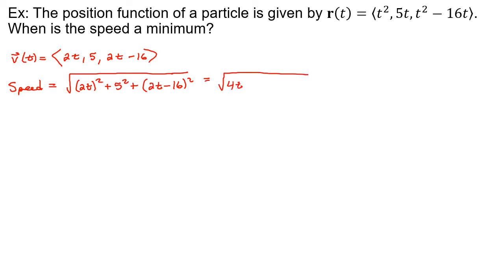This is 4t squared, this is 25, and the other one is a perfect square, so I would square the first one, which would be 4t squared. Multiply them together and double it. 16 times 2 is 32, doubled is 64t, and 16 squared is 256.